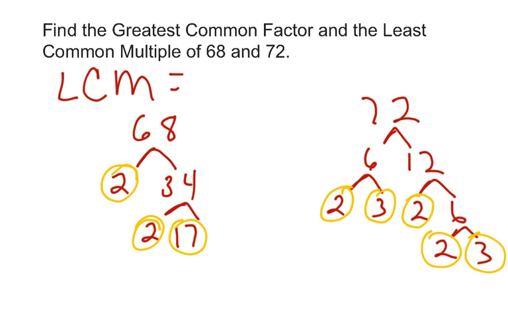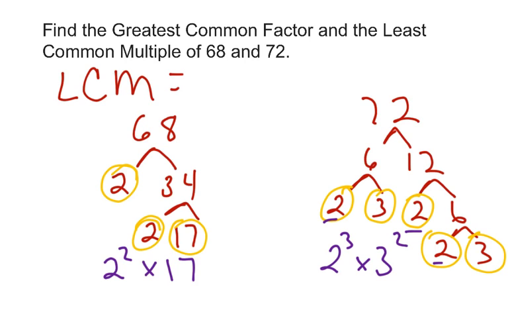So then you look at all the numbers that you have when you're finding least common multiple. I have a 2 to the second power times 17 for my prime factorization. Here I have 2 to the third power times 3 to the second power for my prime factorization.